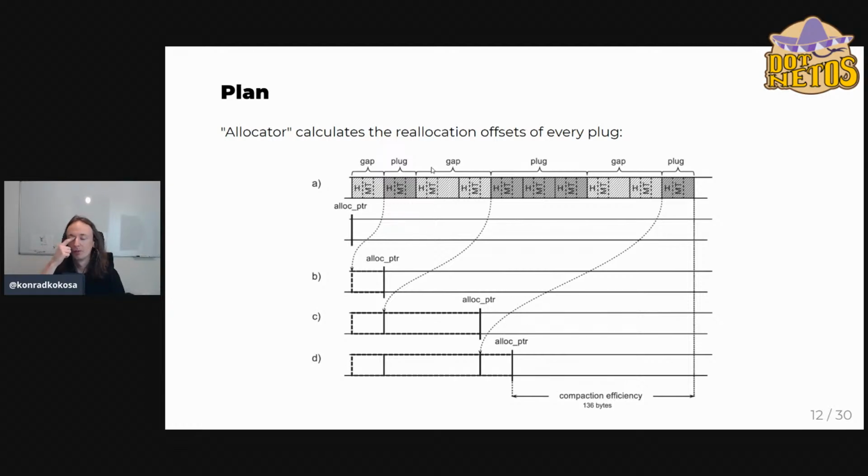So the reallocation offset calculation is based on an allocator inside the GC, the same allocator used for other purposes when we are trying to find some space for an object. It is reused here in a way that for every plug we are firing this allocator and trying to find a place for it.